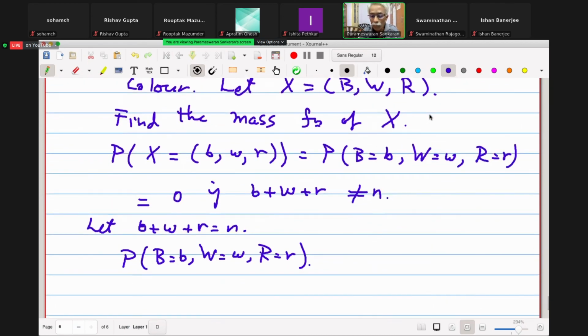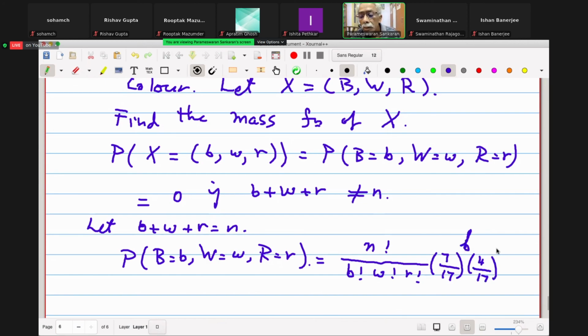This is equal to n factorial divided by b factorial, w factorial, r factorial, times (7 by 17) whole power b, times (4 by 17) to the power w, times (6 by 17) whole power r.